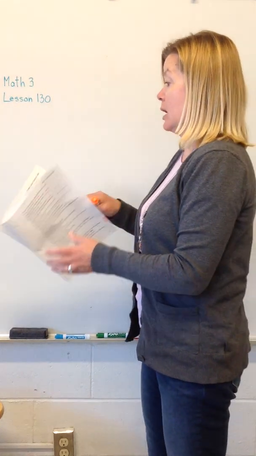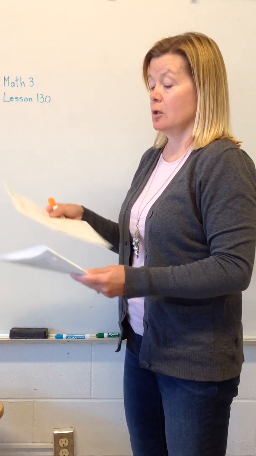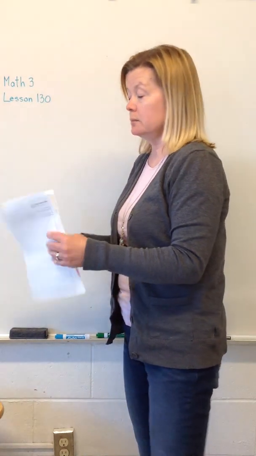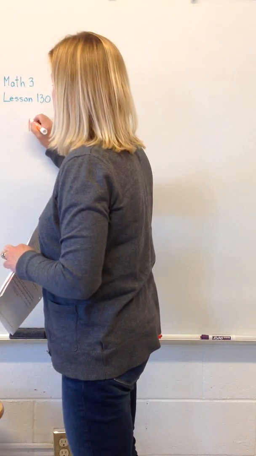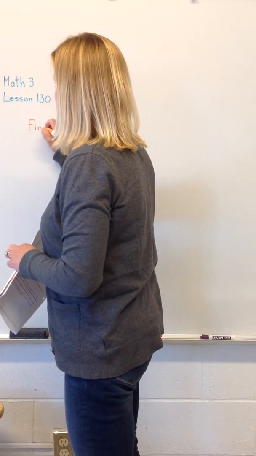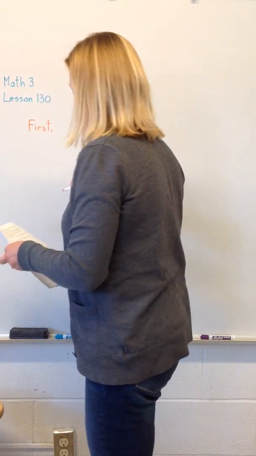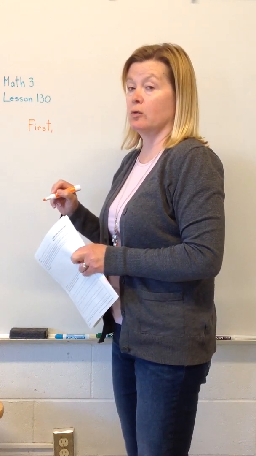So first up, we need to find out how much it's going to cost for the 4 children's tickets. So I'm going to write first. And remember, it's a comma. And I'm going to find the cost of the 4 children's tickets.